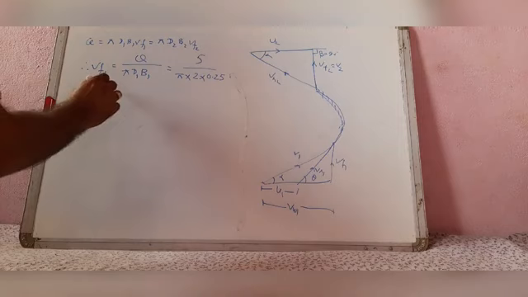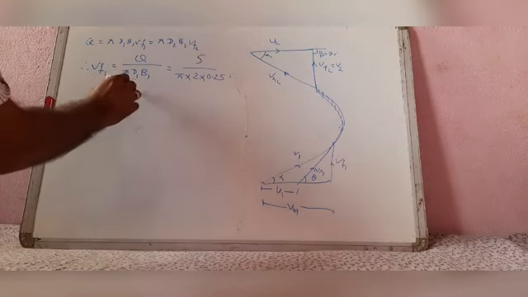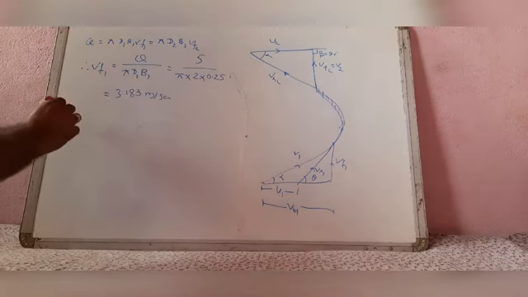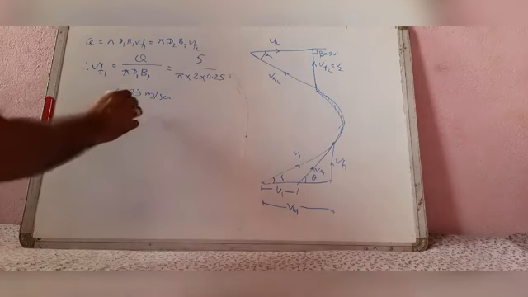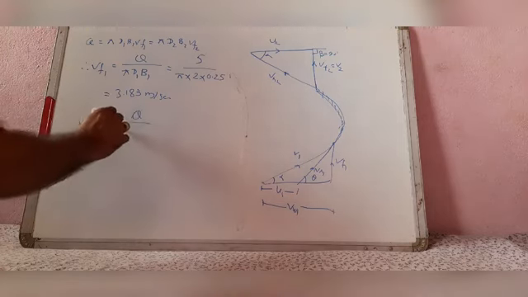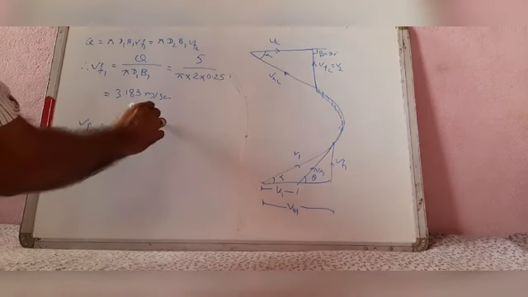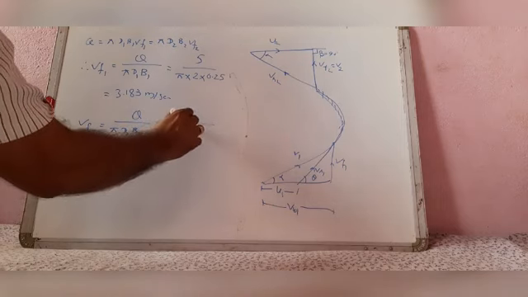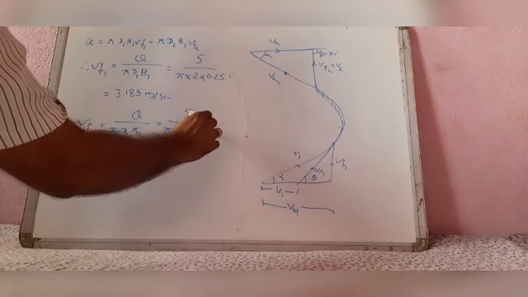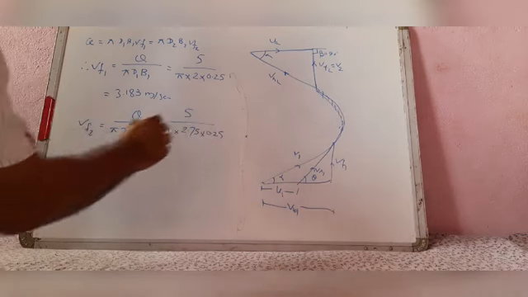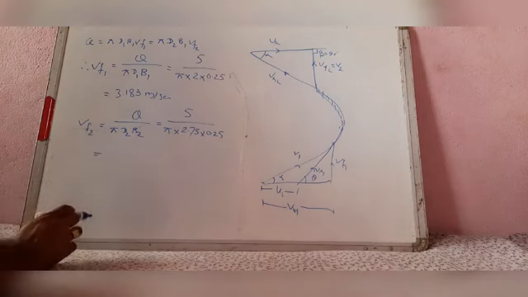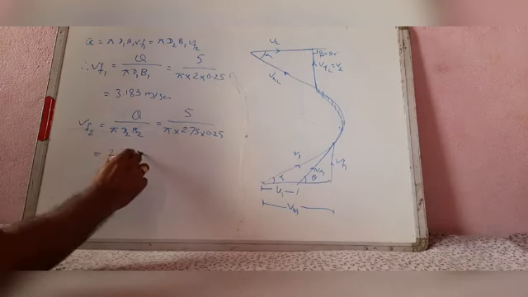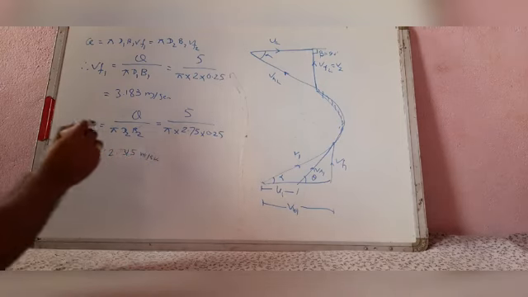So vf1 equal to 3.183 meter per second, and vf2 equal to Q by pi d2 b2, 5 by pi into 2.75 into 0.25. So this value comes 2.315 meter per second.